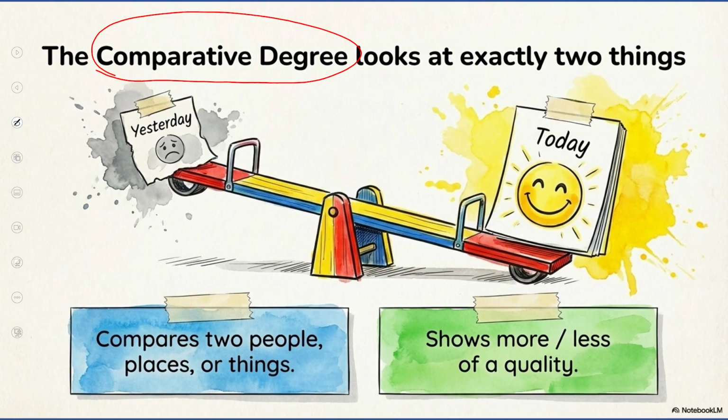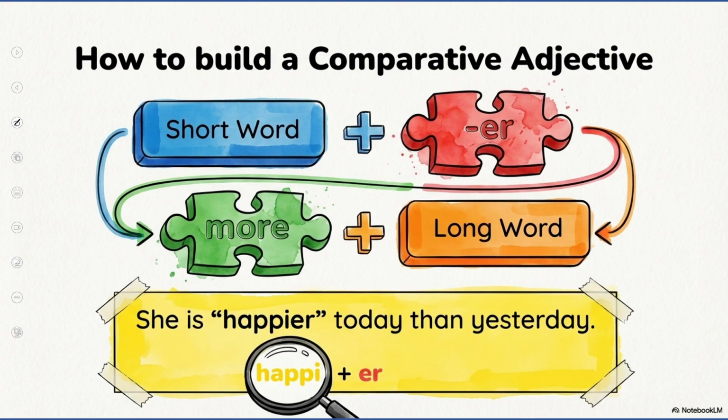For example, yesterday he was sad, today he is happier. So when you have to compare between the moods of two things, we use the comparative degree. And if you want to turn a word into a comparative degree, you can either add more with the adjective, or you can add ER with the adjective to make it comparative.